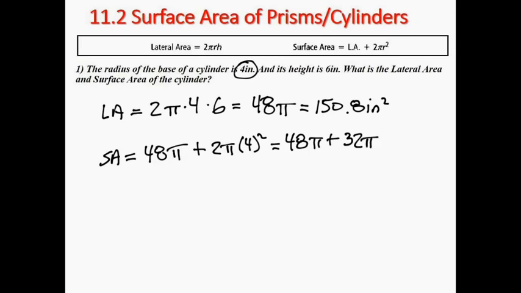So we've got 48 pi plus 32 pi, which gives us a surface area of 80 pi. Or if we want to multiply it out, we get our total surface area to be about 251.3 inches squared.